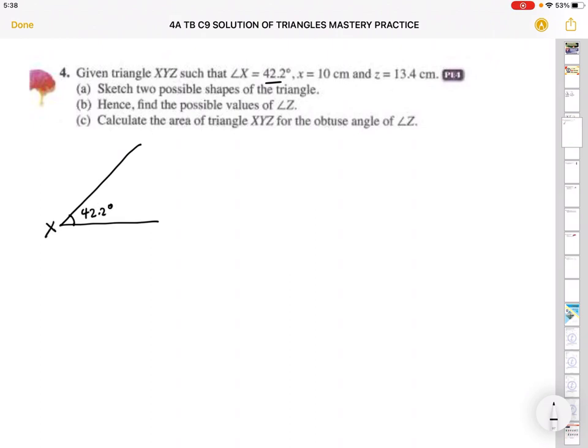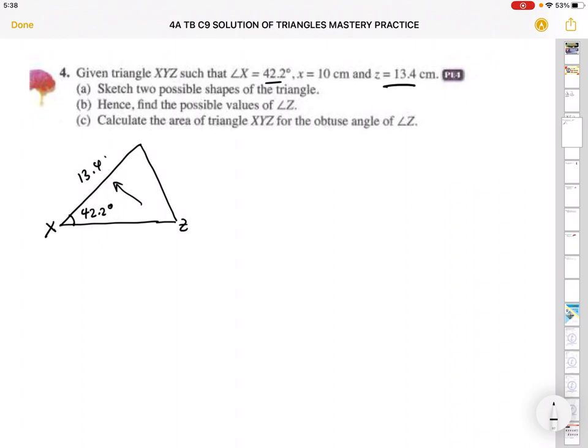The opposite side x is 10, and z is the opposite length 13.4. So up to you how you want to draw it. Maybe I draw like this, and I would put angle z here, so that the opposite side z will be 13.4.